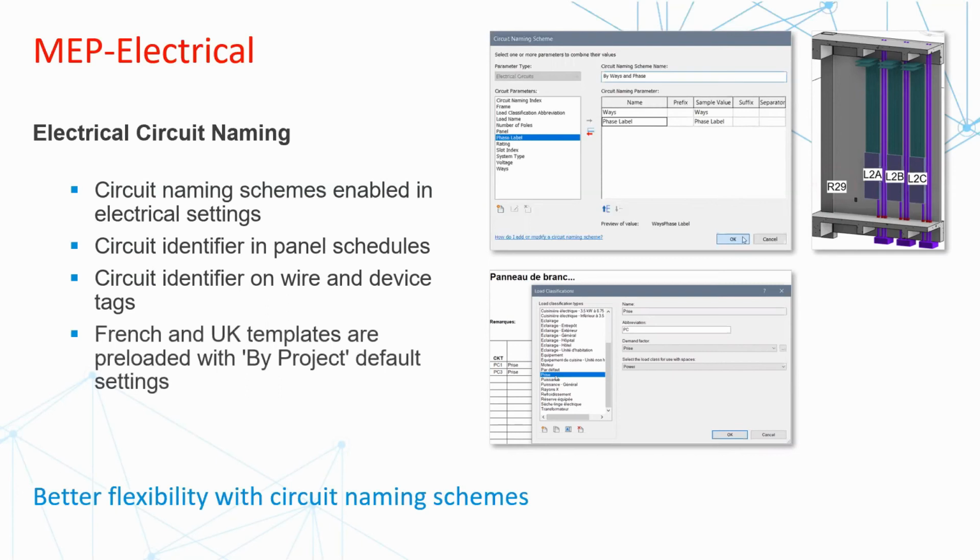And of course, for those of you using French and UK templates, you can now preload by-project default settings. And by the way, for those of you using South African templates, we take a lot of information from UK, so that by-project setting should be available. Remember, better flexibility with circuit naming and schemes within your Revit MEP electrical.